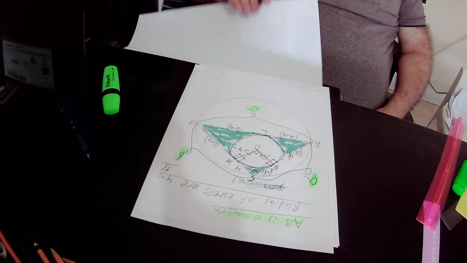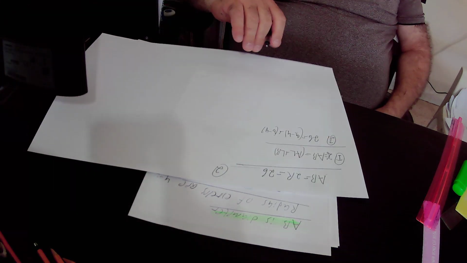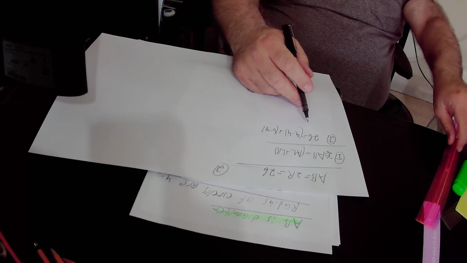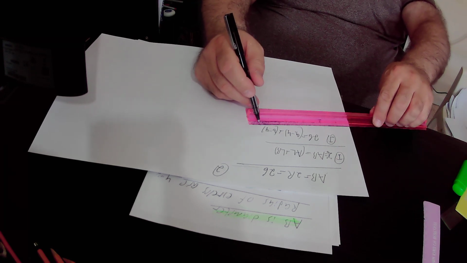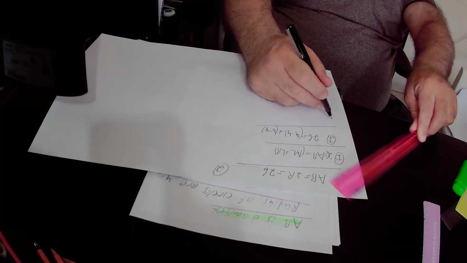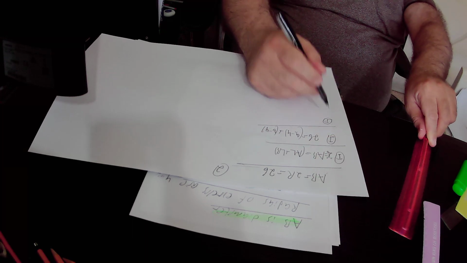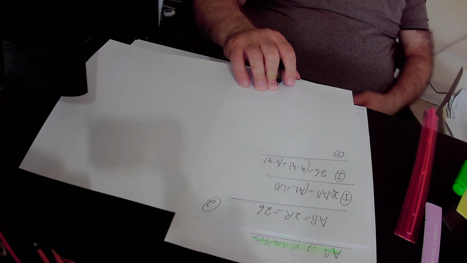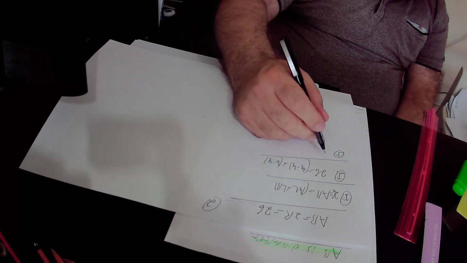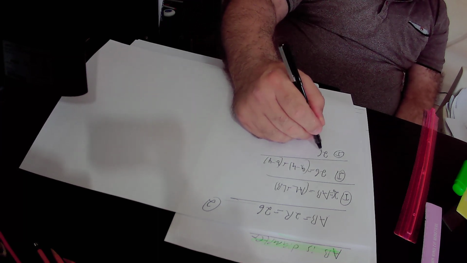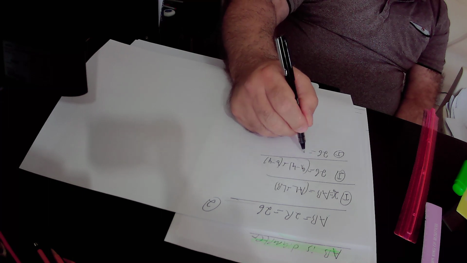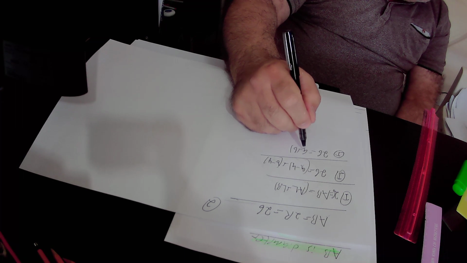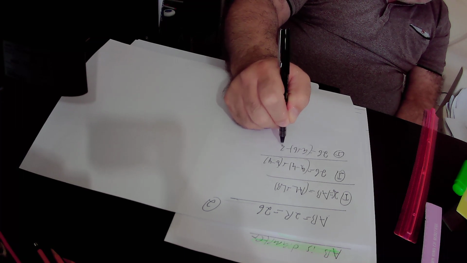Okay, so in conclusion, we found out that the diameter of the circle is equal to 26 units, is equal to A minus 4 plus B minus 4. So 26 equals A plus B, minus 4 plus minus 4 is minus 8.